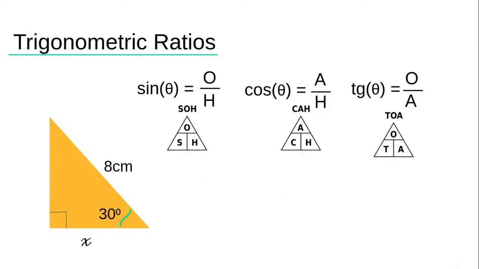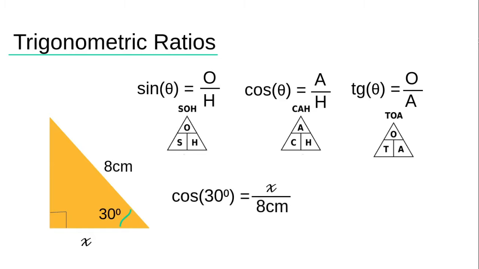Similarly, we can be asked to calculate x, where x is now the adjacent side to the angle theta, given the angle and its hypotenuse. Now what we have to do is use one of the trigonometric ratios that relates the hypotenuse, the adjacent side, and the angle, and this is the cosine.